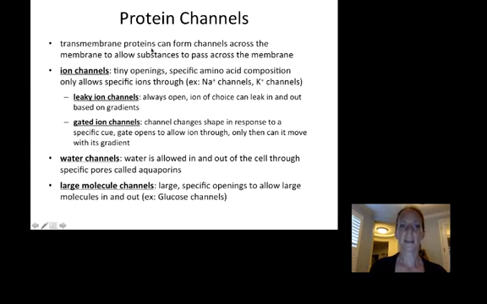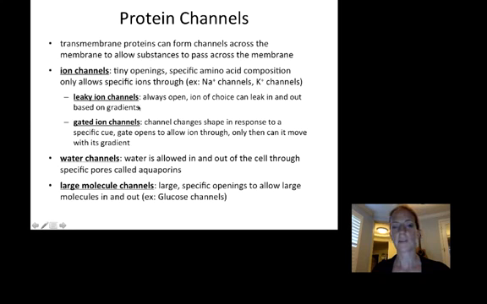So again, these transmembrane proteins that span across the membrane of the cell can allow substances that wouldn't normally be able to get across to pass across the membrane. Some examples of this would be ion channels. Ions, remember, have charge, positive and negative charge. They can allow certain ions through, like sodium or potassium.